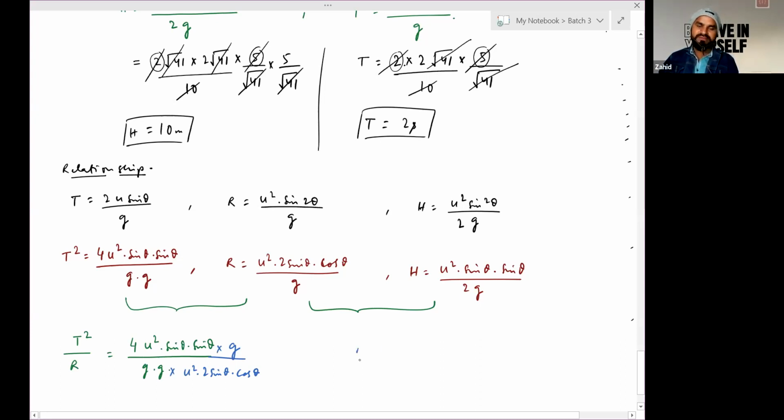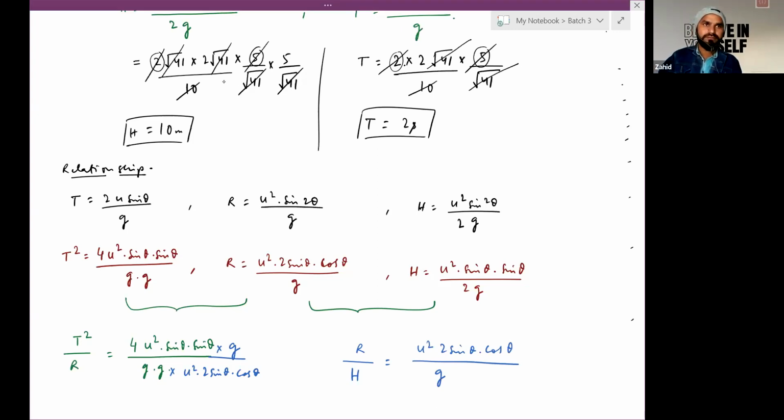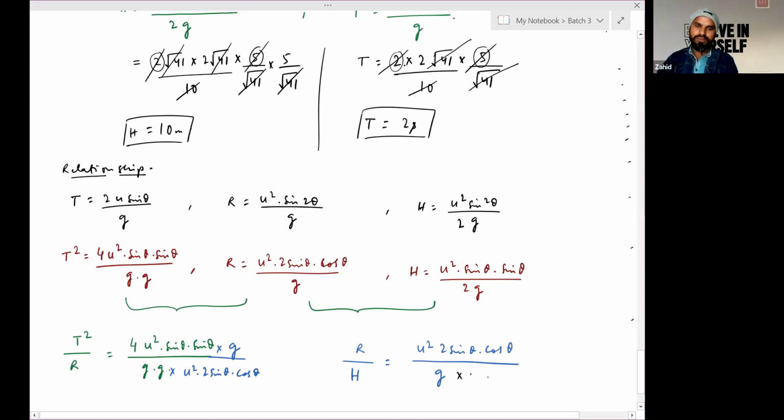Similarly, to define the relation between range and height, range is u square 2 sine theta into cos theta divided by gravity, and height is u square sine theta into sine theta divided by 2 times g.